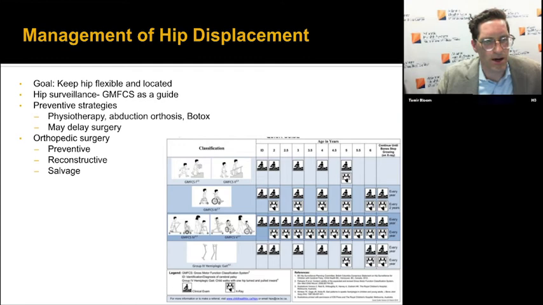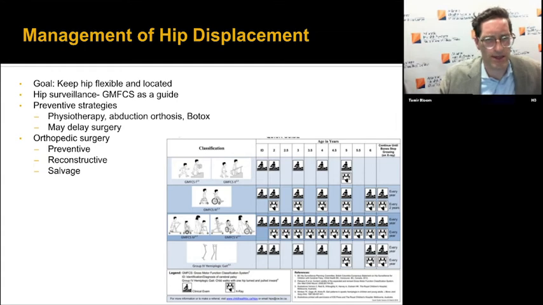In order to prevent this from happening, we want to monitor it throughout growth. And now we have really excellent surveillance guidelines that, again, rely on the GMFCS as well as age to tell us when we should be monitoring these children, both by clinical examination as well as by X-rays.